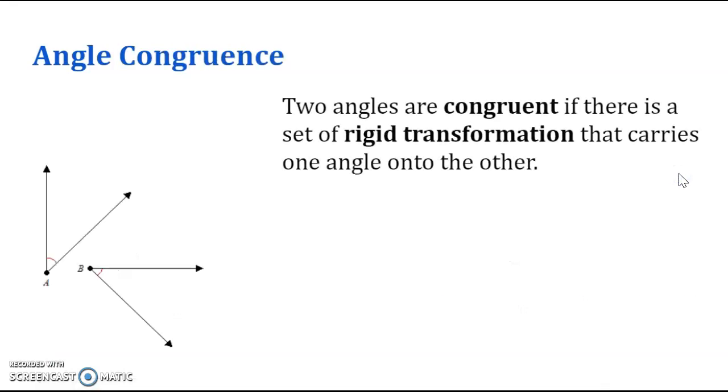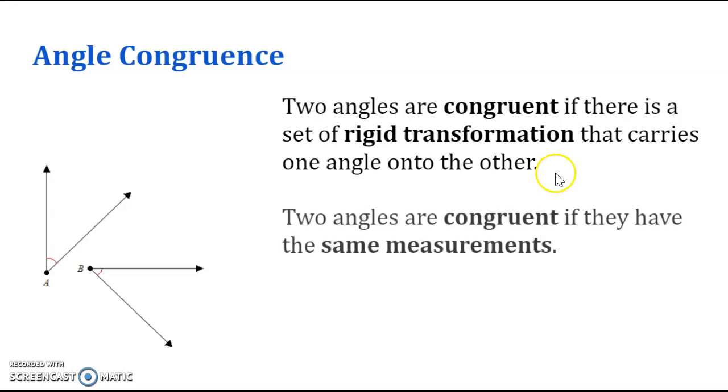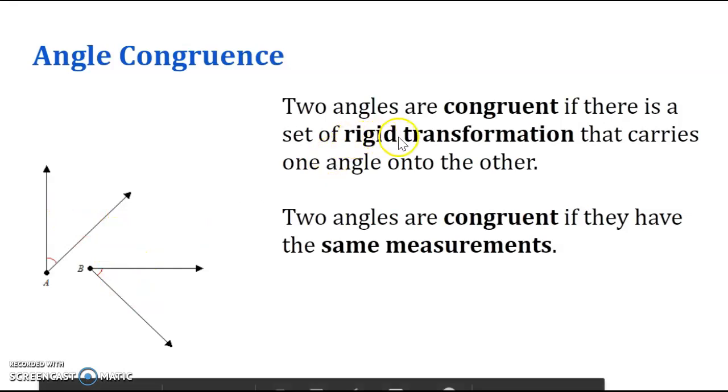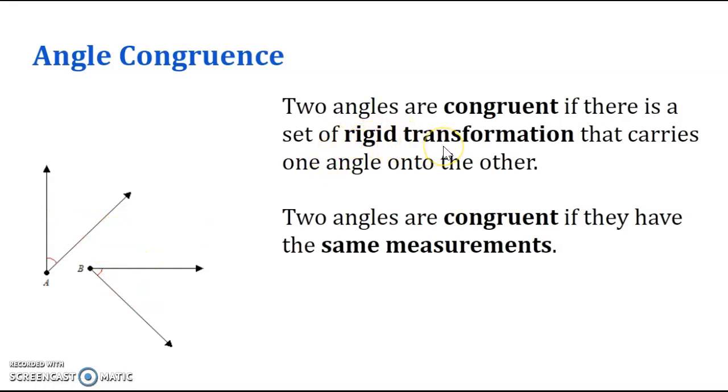Angle congruence. How do we determine congruence? Congruence just means exactly the same. That's the layman term. How do we prove congruence? We can say that 2 things are congruent if, when you do a rigid transformation, that's translation, rotation, or reflection, you can carry one thing over to the other and it matches up exactly.